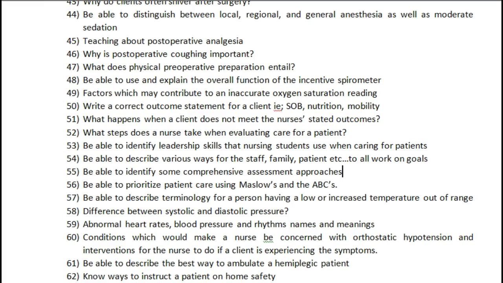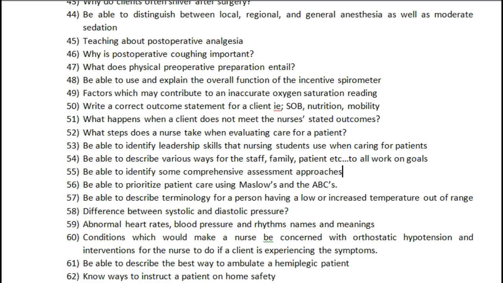Back when we first started, there were basically two different comprehensive assessment approaches.